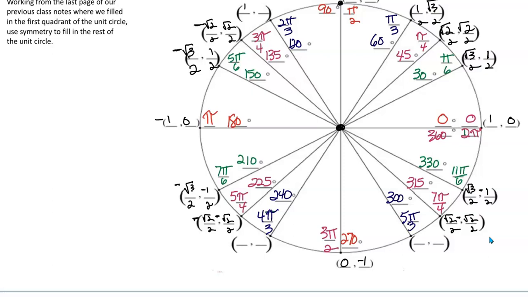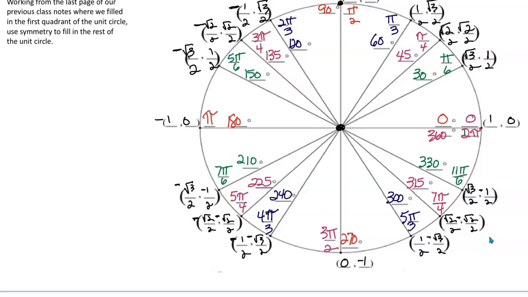So this is going to be 1/2 radical 3 over 2, but because I'm in the second quadrant, my x value will be negative. 4 pi over 3, I'm going to have 1/2 radical 3 over 2, but in the third quadrant, both of those are negative. Last one, 5 pi over 3, and that's going to be 1/2 radical 3 over 2, and in this fourth quadrant, your y value is negative.